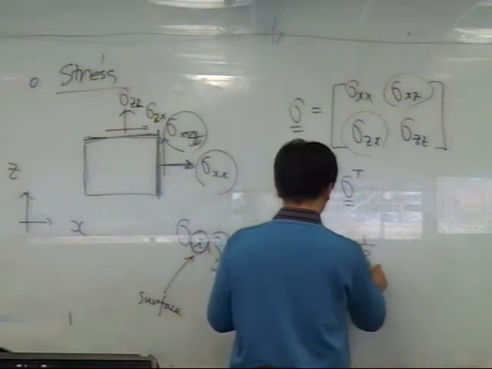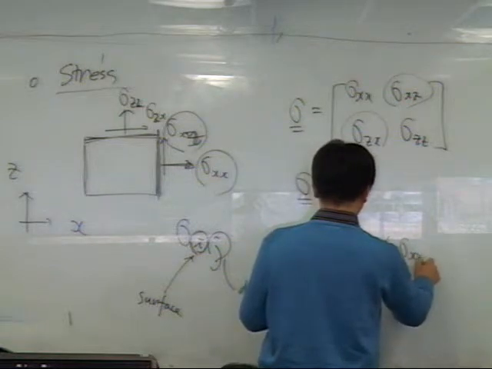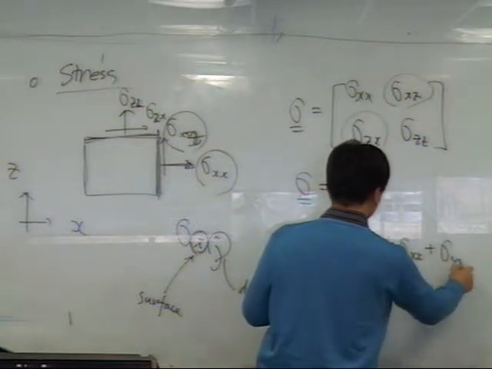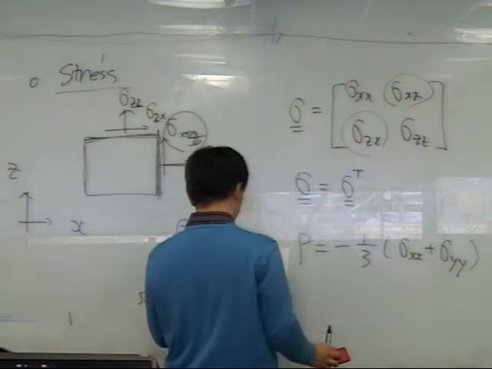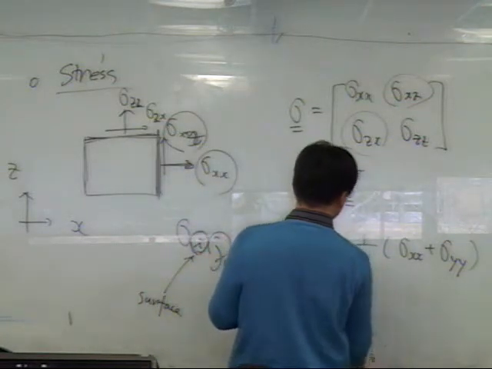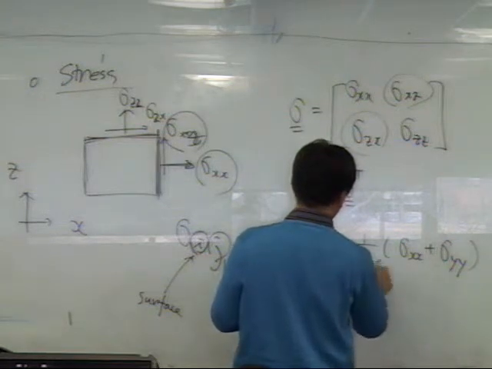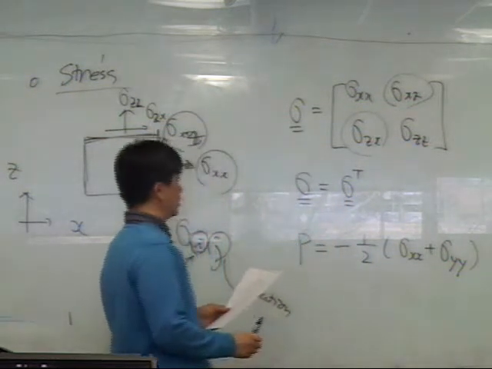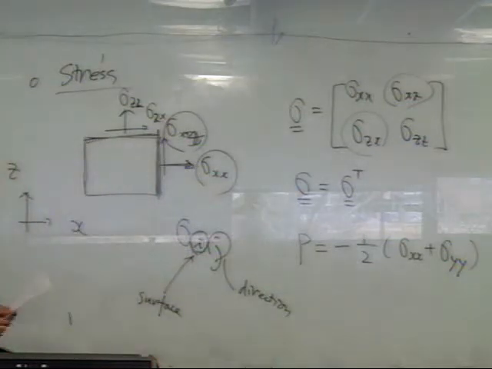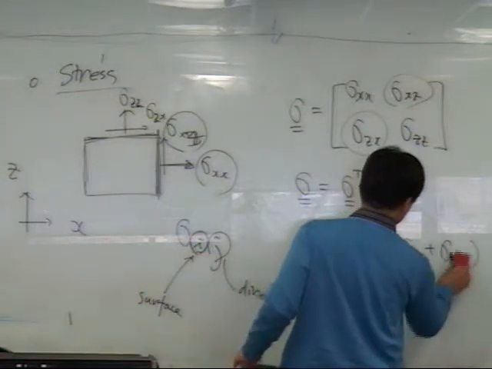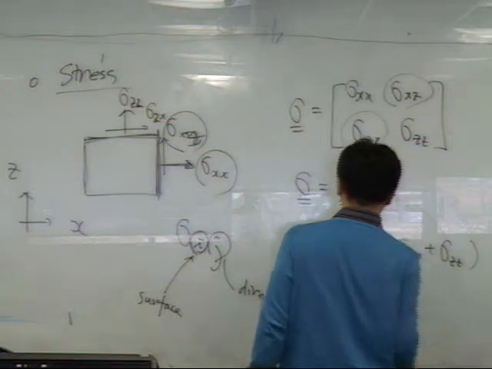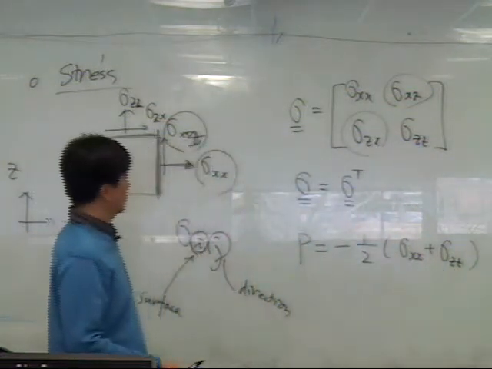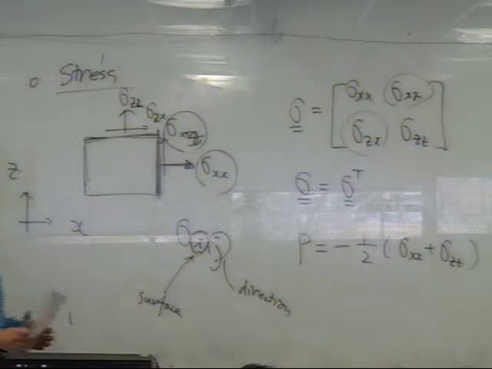P equals 1/3 (sigma xx plus sigma yy). Here it should actually be 1/2. Okay, here let's assume the stress in the y direction is 0. Then sigma xx is something like this. This is the mean stress.